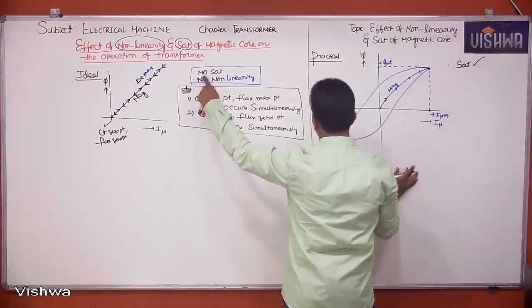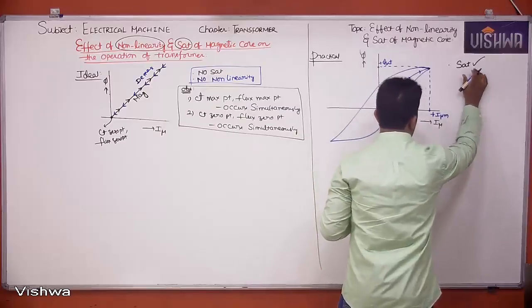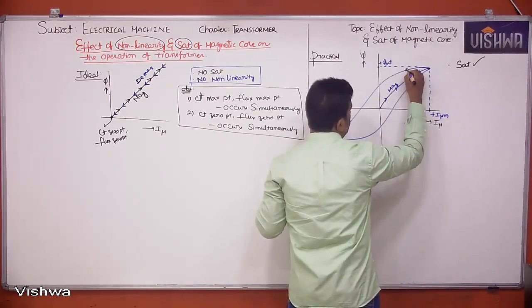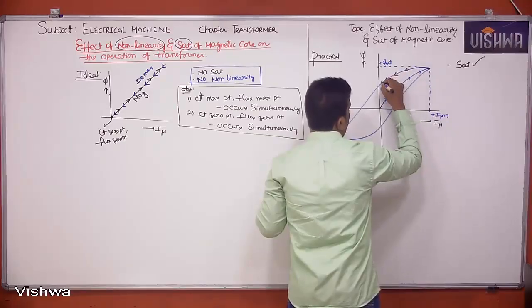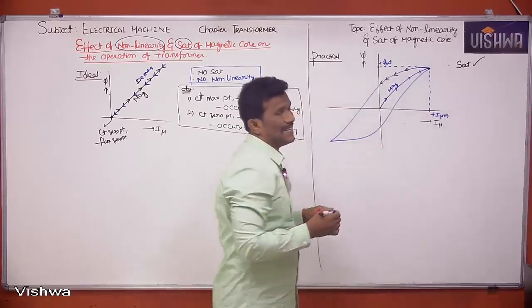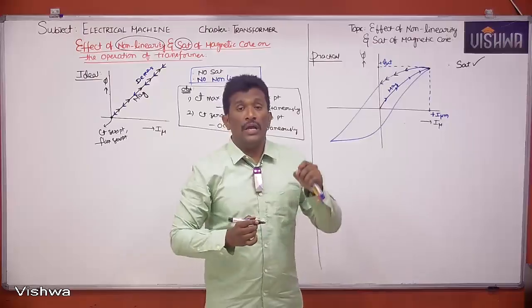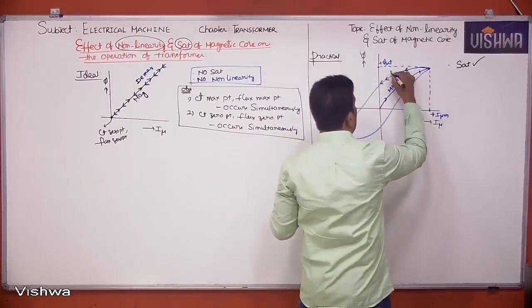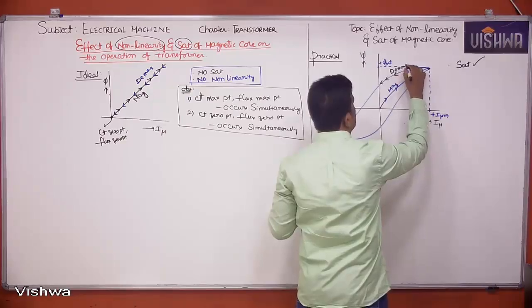Next, if you reduce current, flux will reduce in a different path, not the same path in which it was increased. Because of the retentivity property, magnetization and demagnetization will not coincide with each other.